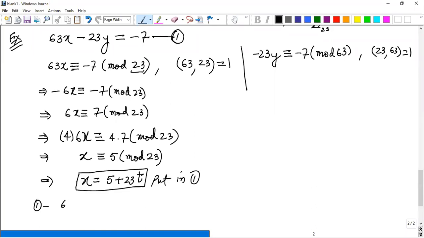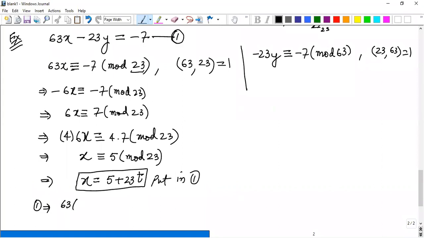Alternatively you can solve another linear congruence as well, but we are not solving the second congruence. Instead of that, we are putting the value of x in equation 1 to get the value of y easily.